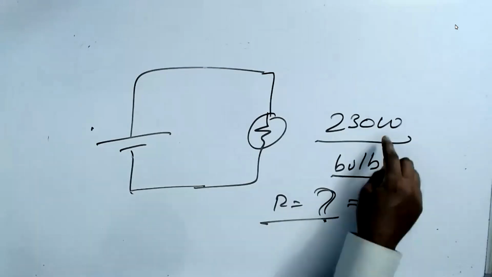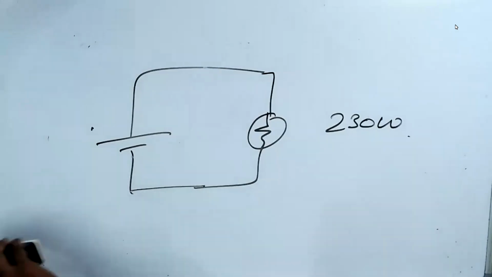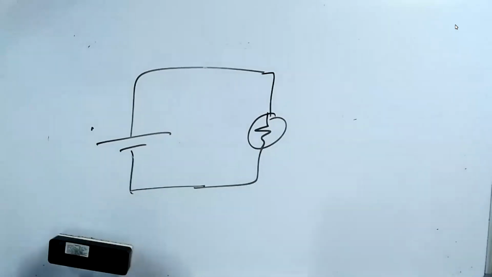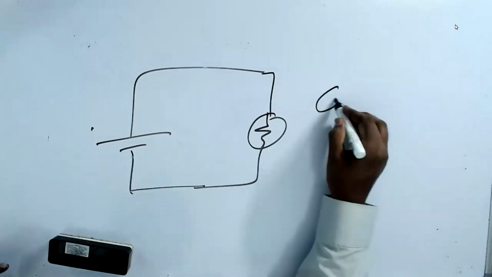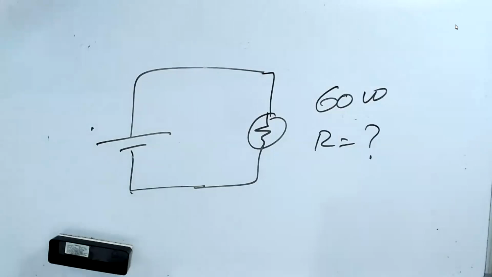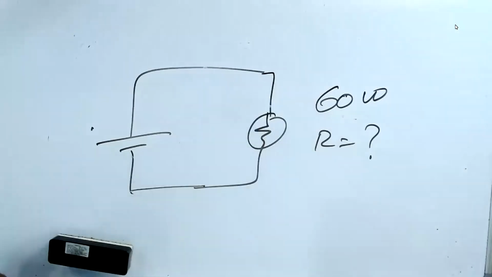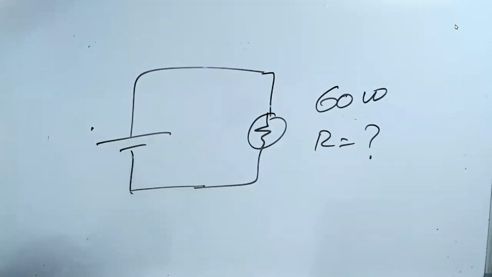How do you compare watts and resistor? If you have a 60 watts bulb, what is the resistor? It is not 60 ohm. I said all the devices are resistors.